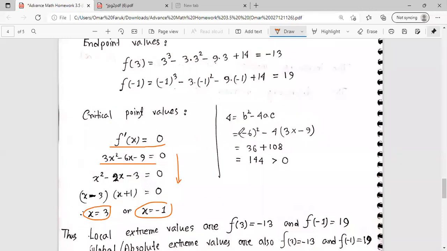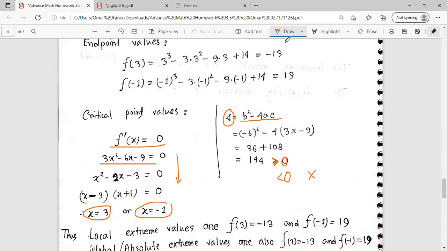If you also calculate the delta value, b square minus 4ac, if delta is greater than 0, that means we will have some extreme values. And if delta is less than 0, then we don't have any extreme values, or any global extrema.